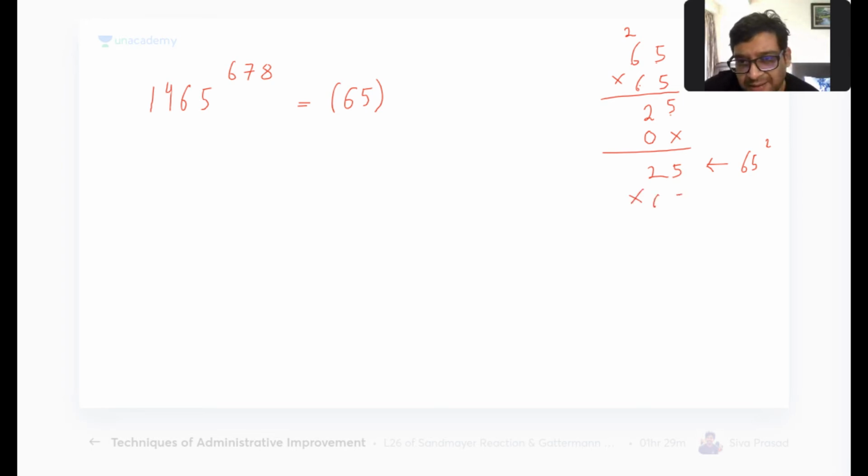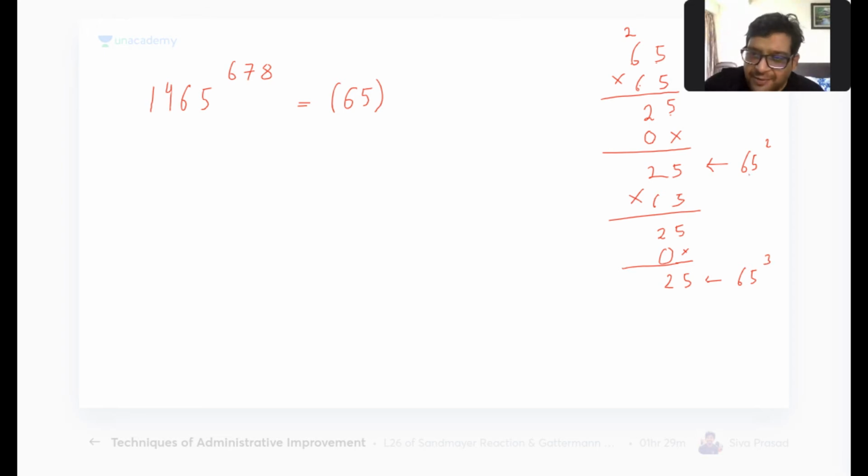Now, if I multiply it with 65 again, let's see what happens. I get 25 and then cross again 0. I again get 25. So do you notice something? What is happening here? 65 cube will also end in 25.